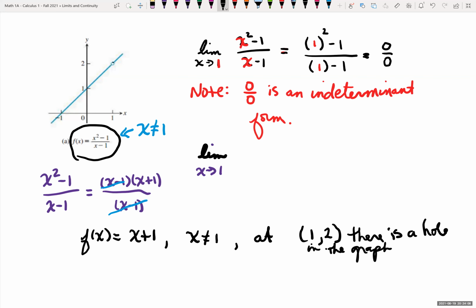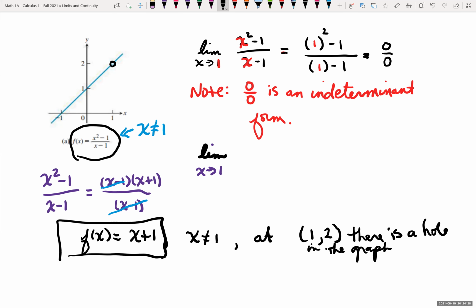Right, so that's why technically we have this hole in the graph. And then notice that function now, f of x equals x plus 1, that's just a line, that's linear. It's in the point slope formula. I'm sorry, slope intercept form.